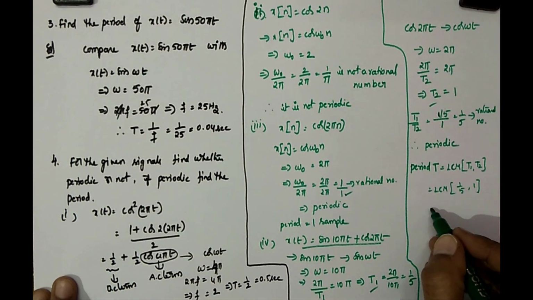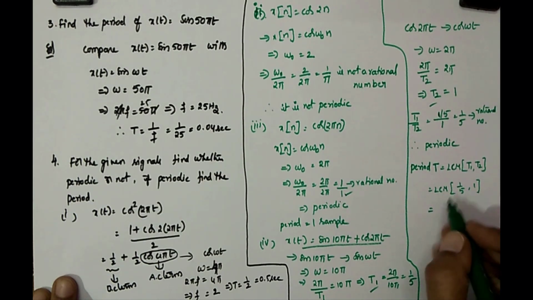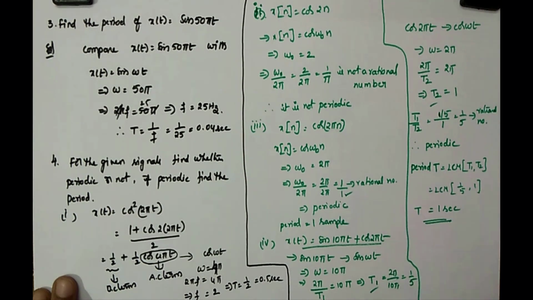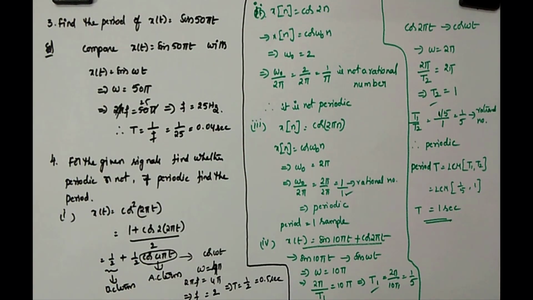So what is the LCM of these two? 1. 1 second. So T is 1 second. This is the way of doing periodicity and finding the period in the case of two terms.